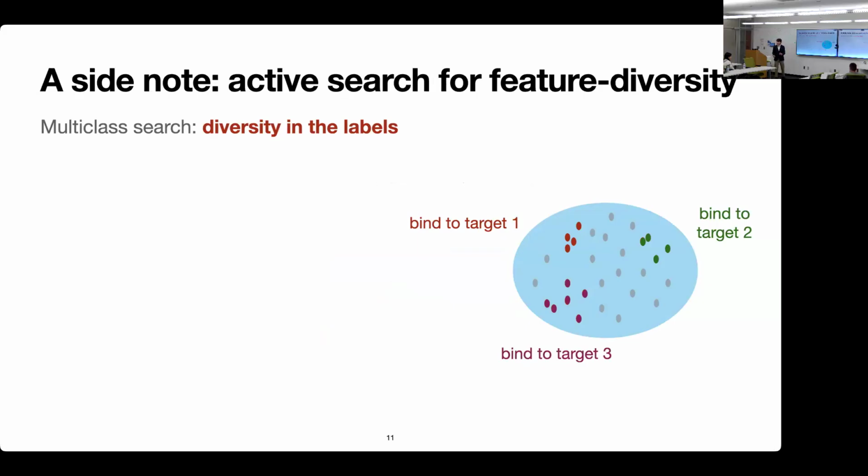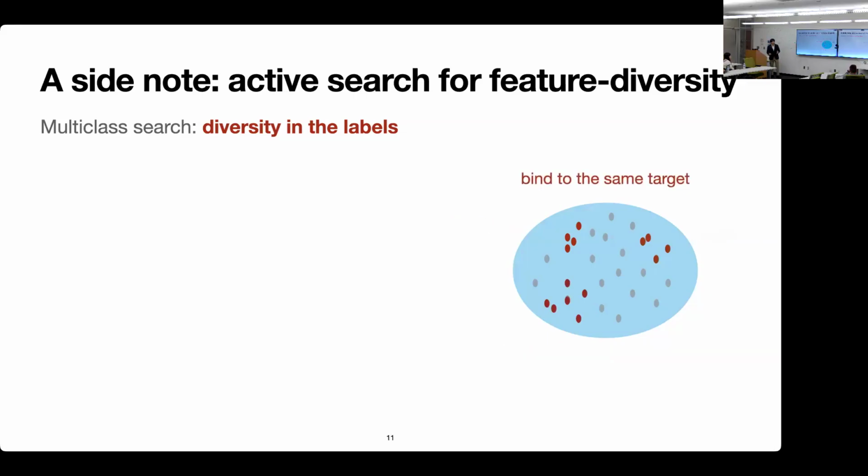So this setting is relevant in scenarios where you indeed want to induce diversity in the label. So one example is where you're searching for molecules that can bind to multiple target proteins, and you want to target many different proteins. So you want diversity in the behavior of binding in that way.